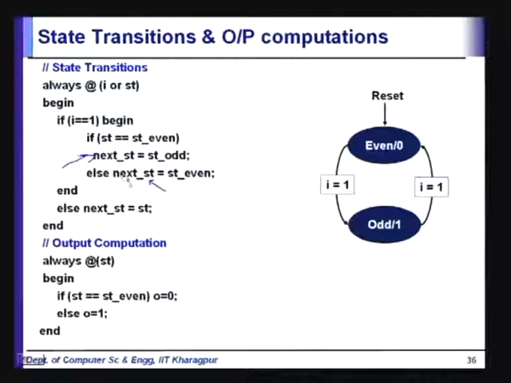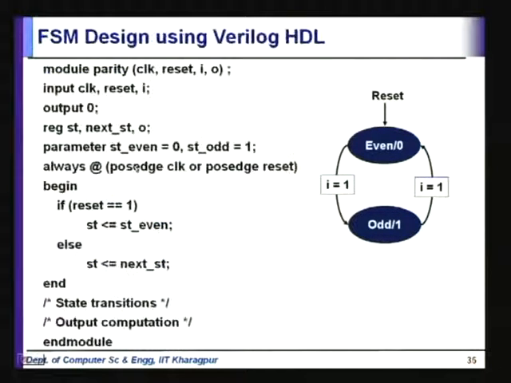So this next ST tells you which is the next state, but that next state will become the state of the system at the next posedge clock. Now these are blocking assignment statements, not non-blocking, but in the previous slide we have non-blocking assignment, just to make sure that the assignment of the next state that has changed right now will be used in the next posedge clock. This non-blocking assignment will use the previous value.